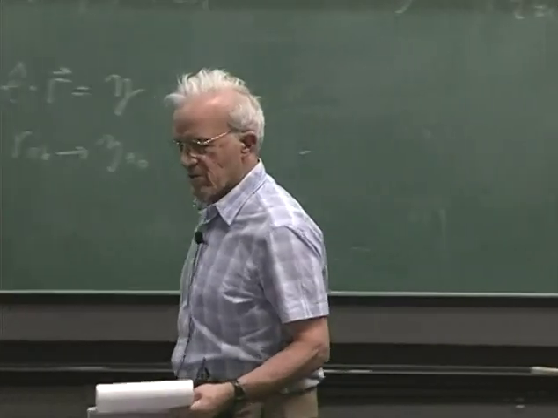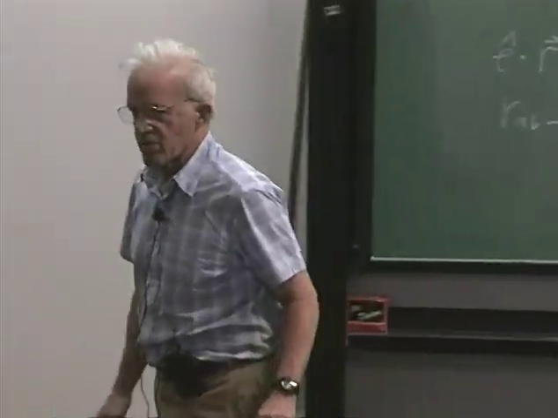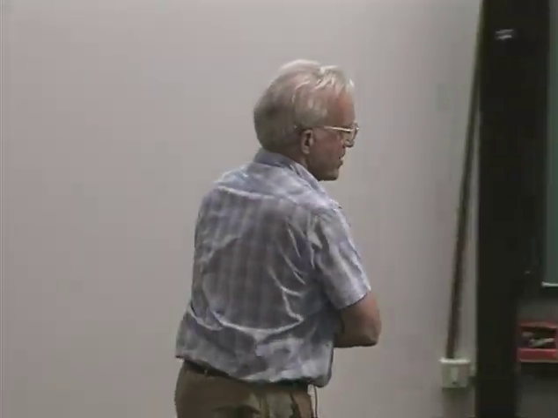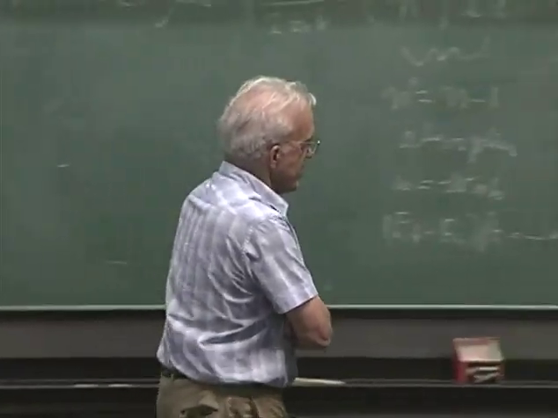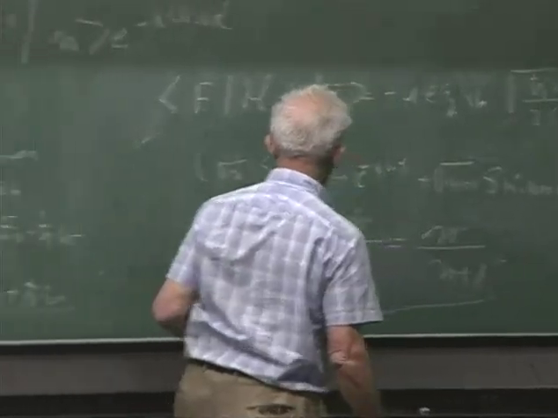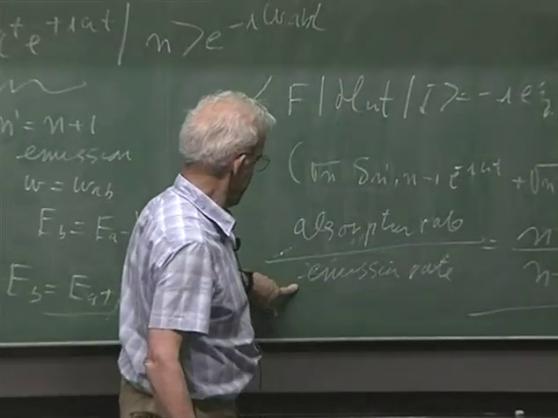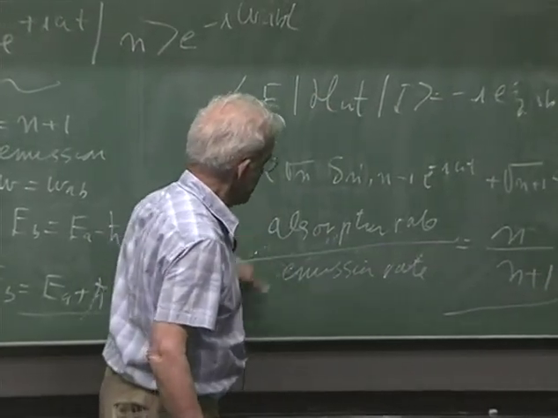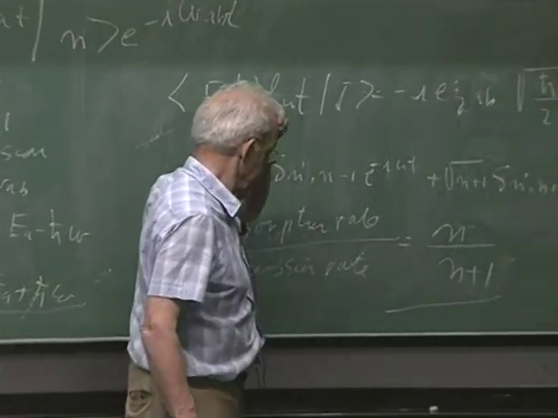Well, that's a famous result which actually was calculated by Einstein in 1917. The real significance of it is this n plus 1 over here. Maybe I should write it the other way around. The emission rate over the absorption rate is n plus 1 over n.